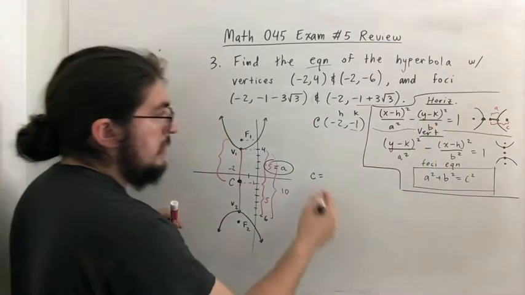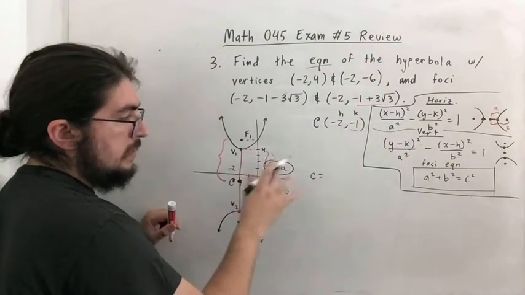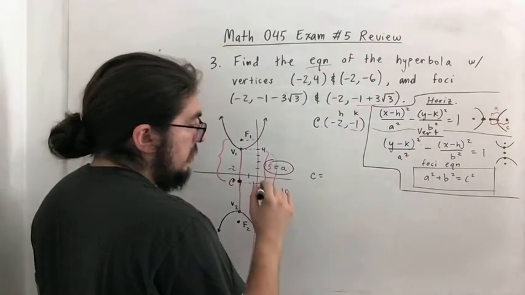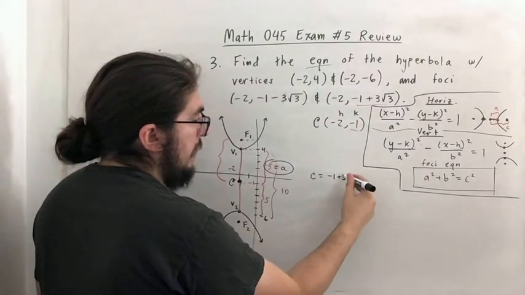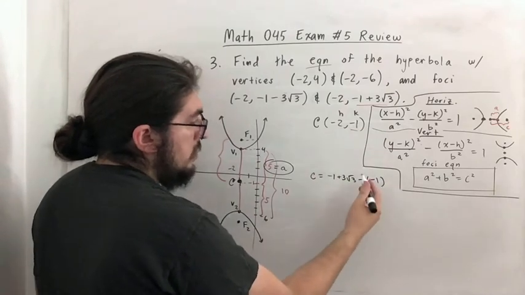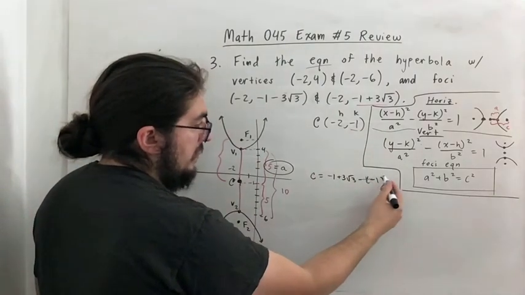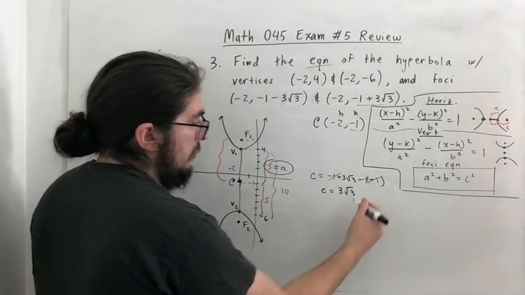Lowercase c is the distance, capital C is the point, which is the center. So I often curl the top to distinguish those. So c is going to be the difference between negative 1 plus 3 radical 3 and this y value, which is negative 1. Notice the double negative makes us positive, and that cancels with this. So lowercase c is actually just 3 radical 3.